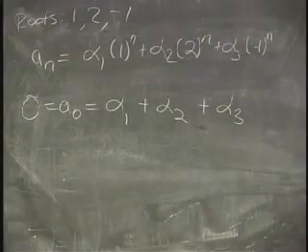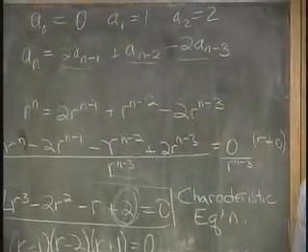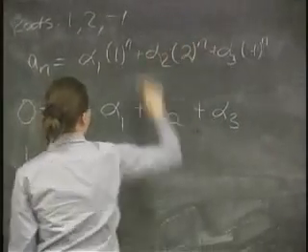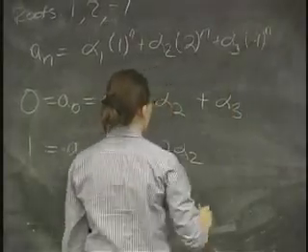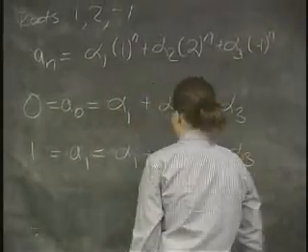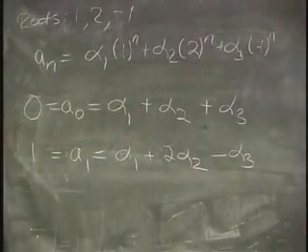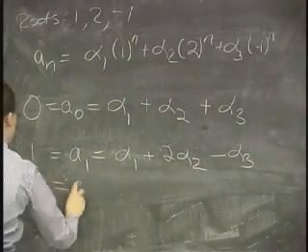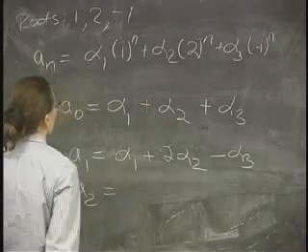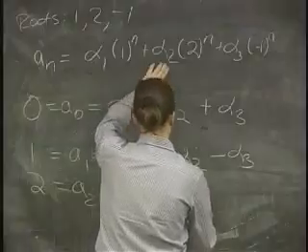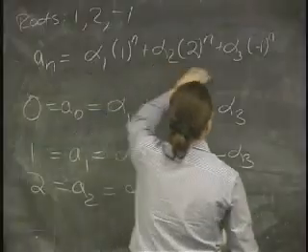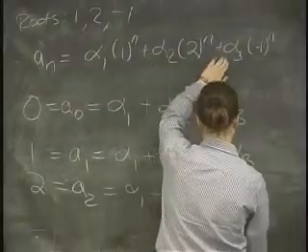Our next equation: A1 is alpha 1, since 1 to the 1 is just 1, plus 2 alpha 2, since 2 to the 1 is 2, minus alpha 3, since minus 1 to the 1 is minus 1. And lastly, 2 is equal to A2, which is alpha 1 plus 4 alpha 2 plus alpha 3.